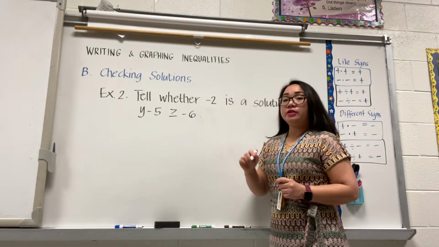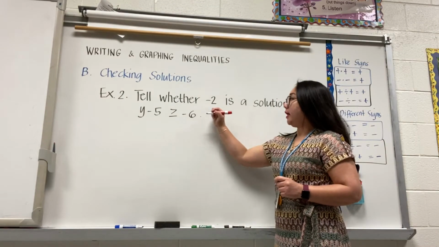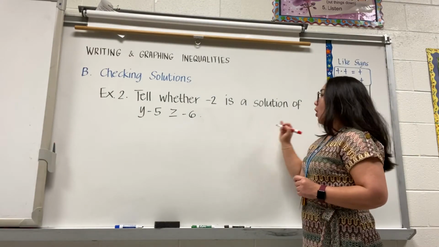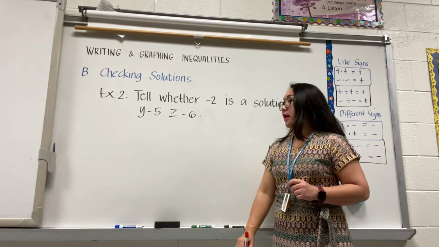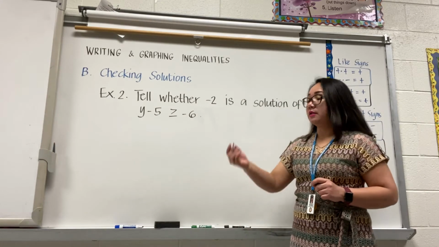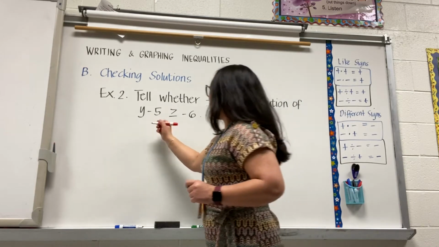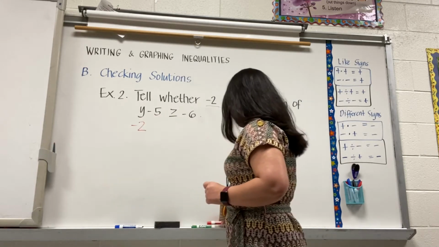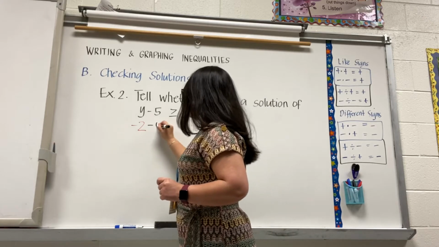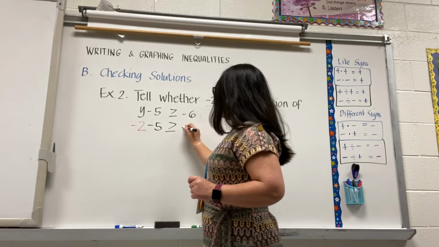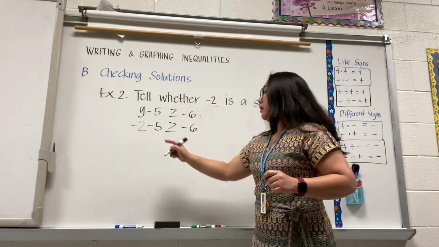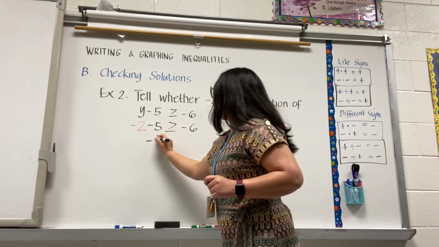Next part is checking solutions. So tell whether negative 2 is a solution of y minus 5 is greater than or equal to negative 6. So we will substitute negative 2 for the unknown y. So this is negative 2 minus 5 is greater than or equal to negative 6. So negative 2 minus 5 is negative 7.